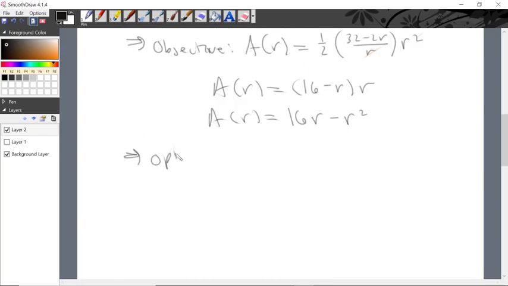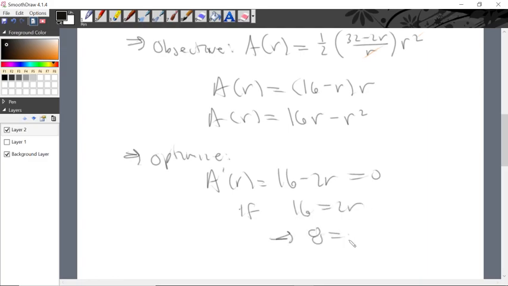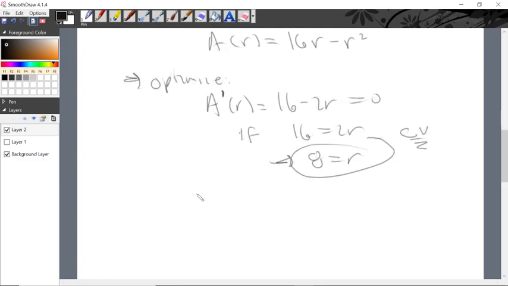Now we're going to optimize. A prime of r is equal to 16 minus 2r, and that's equal to 0. If 16 is equal to 2r, then 8 is equal to r. So area has a critical value right here: r is equal to 8.